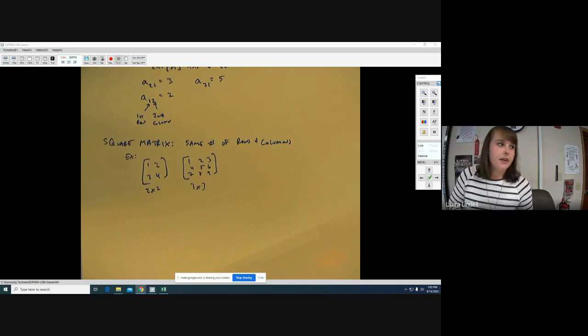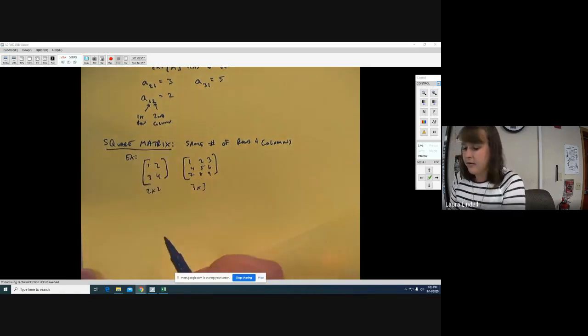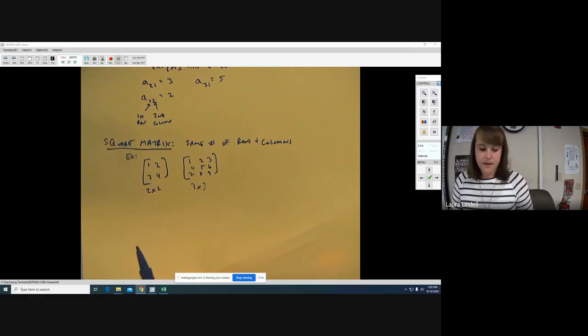There we go. So same number of rows and columns in a square matrix. 2 by 2, 3 by 3, 25 by 25, a million by a million. That would be a square matrix. Okay. So that's a square matrix. And then there's a special type of square matrix called the identity matrix.